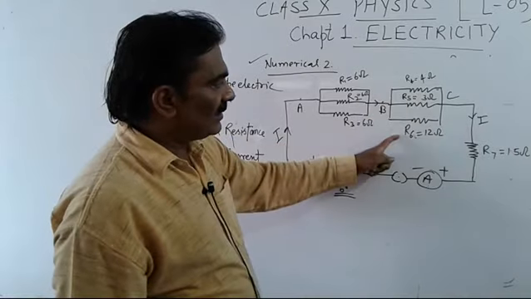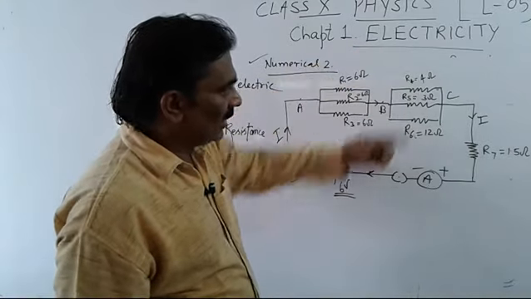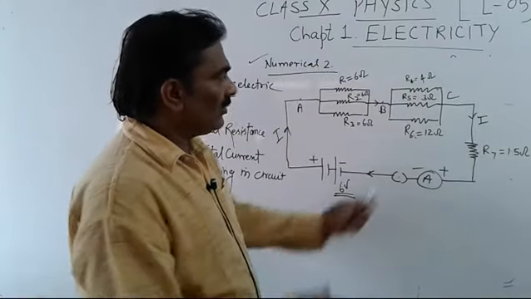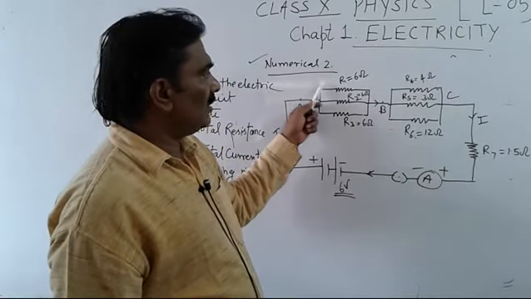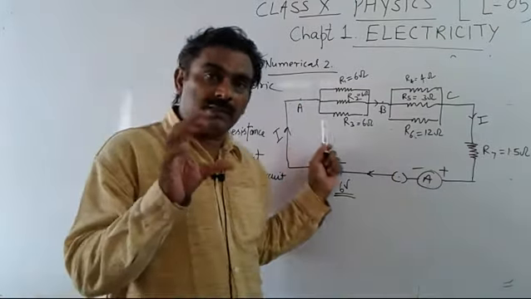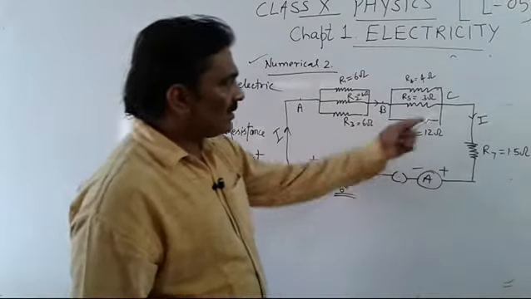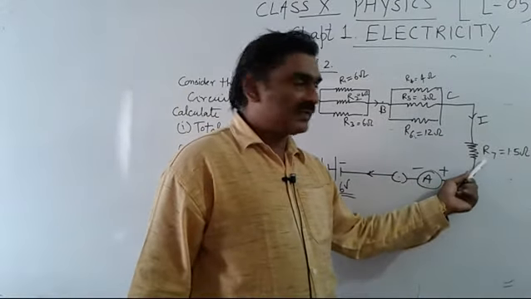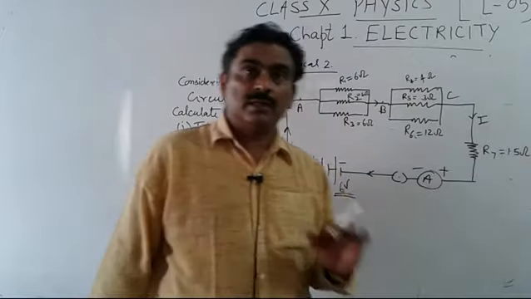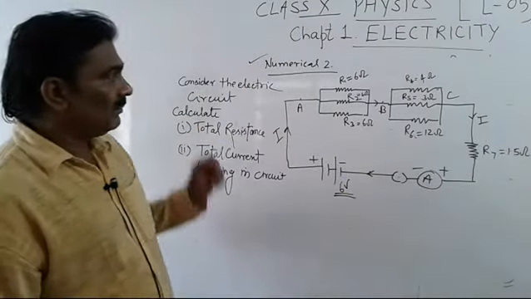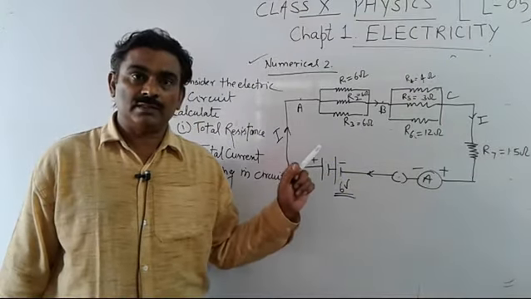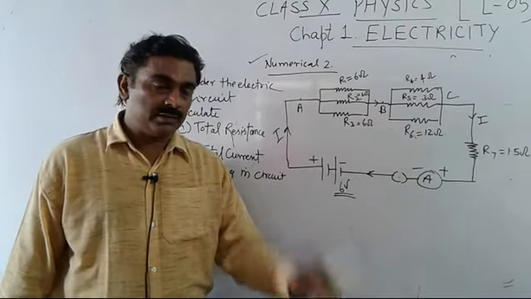R4, R5, R6 are 4 ohm, 3 ohm and 12 ohm. Students, the first 3 resistors are in parallel and the next 3 resistors are in parallel, and the last, 7th resistor is R7 which is 1.5 ohm. Students, so this is the circuit. Please read this carefully, understand and solve this numerical.